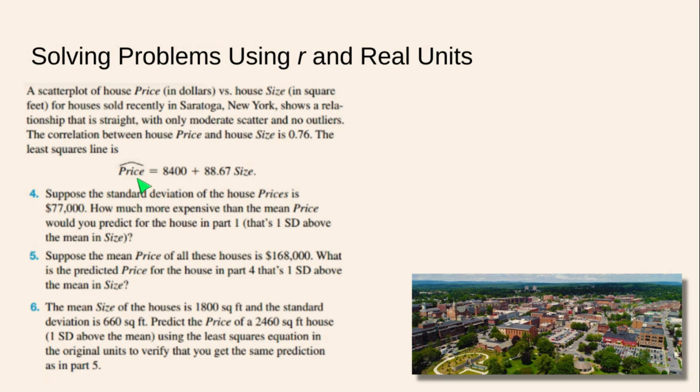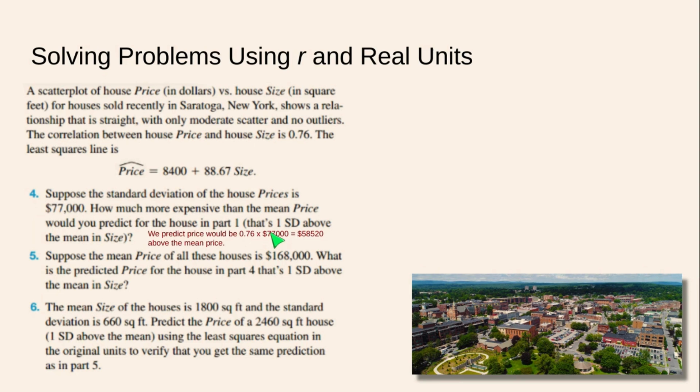If 1 standard deviation of price is $77,000, would I not take 0.76, my value for R, and multiply that by 77,000? Because if I increase 1 standard deviation above the mean size, I increase 0.76 standard deviations above the mean price. At least that's my prediction. That's what R means. That works out to $58,520 above the mean price.